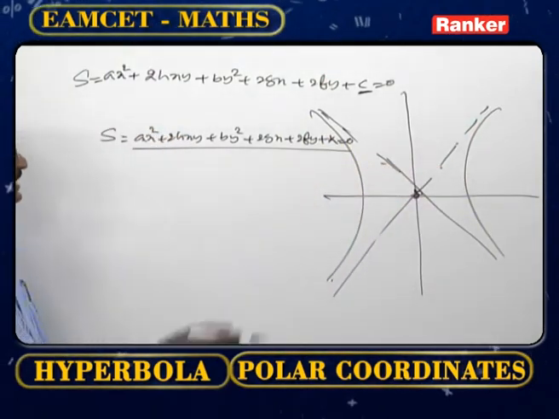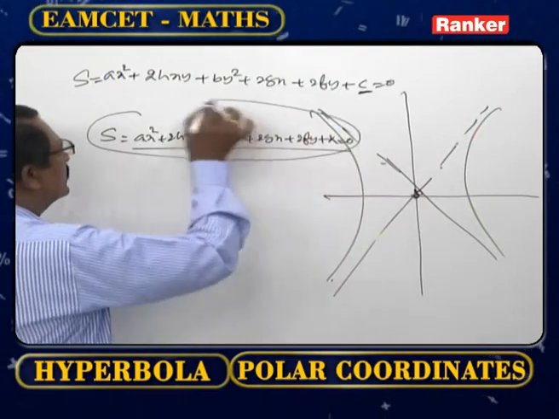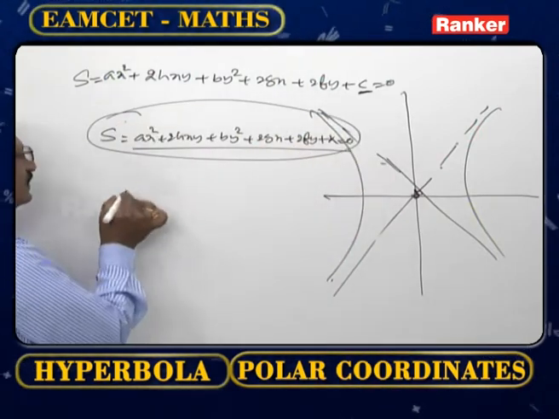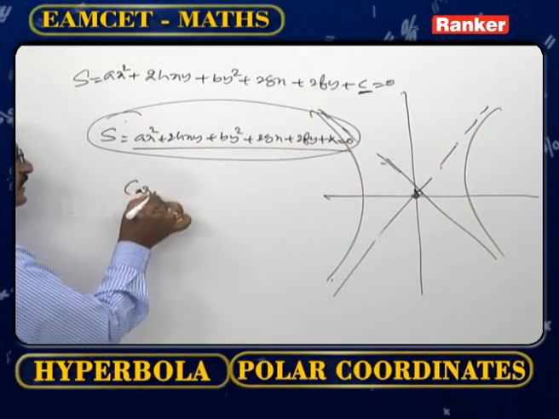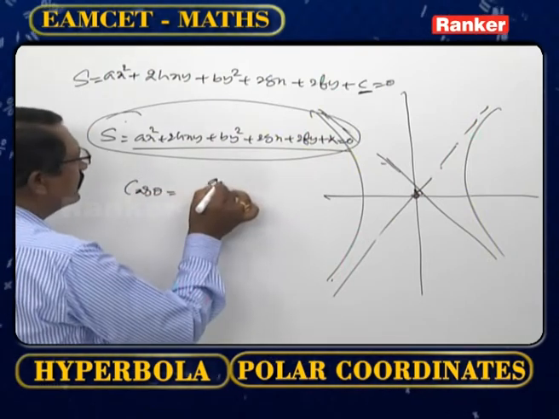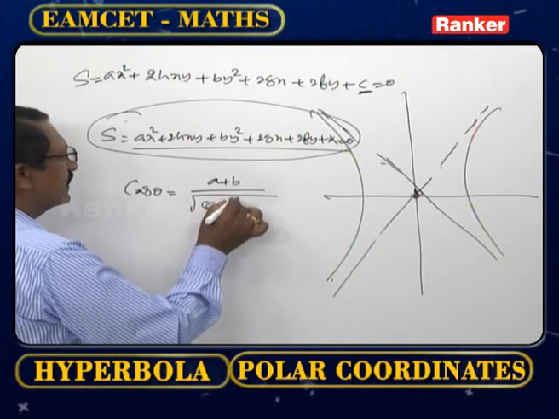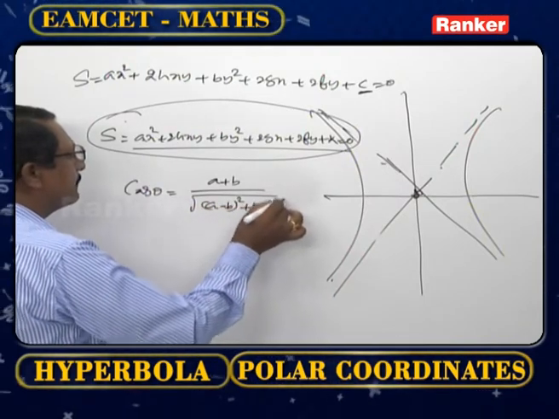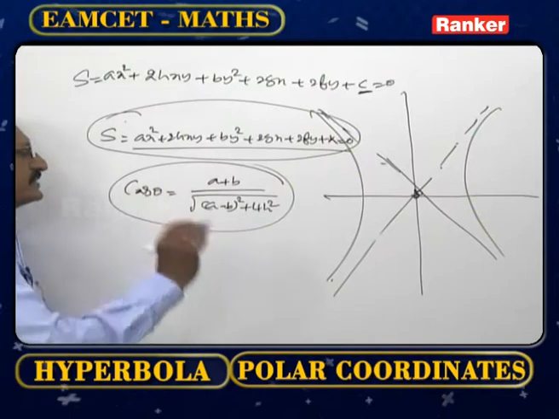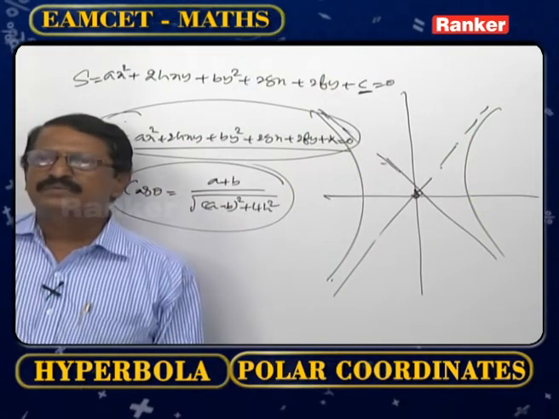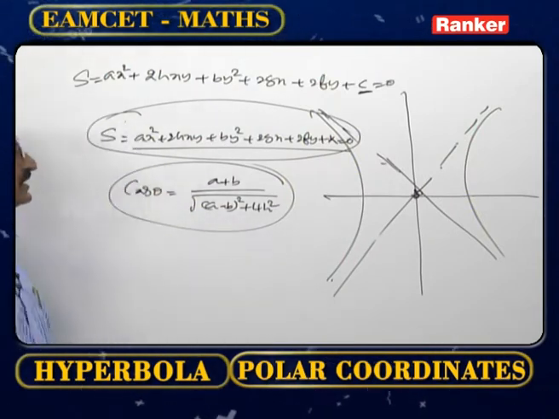If the angle between the asymptotes of the hyperbola given by the general equation is theta, then cos theta equals a plus b by square root of (a minus b) whole square plus 4h square.